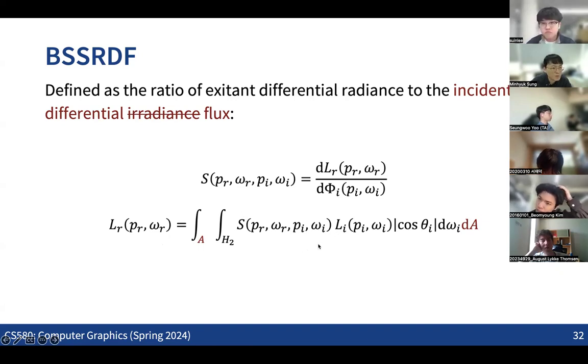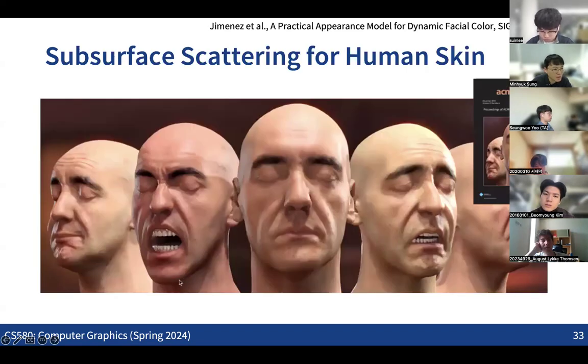While skipping some of the details about the BSSRDF, let me show some of the effects of subsurface scattering. This was a very famous work in 2010 that started to make more realistic human skin. Now you can see wrinkles, details of the skin, and also more details about reflection over the skin that can be better represented with subsurface scattering.